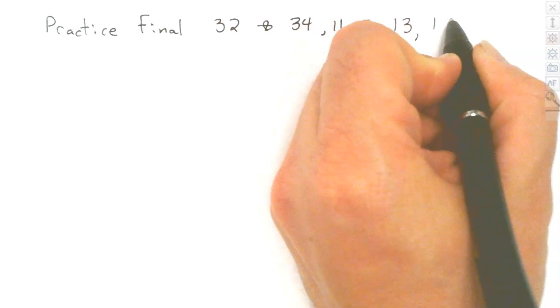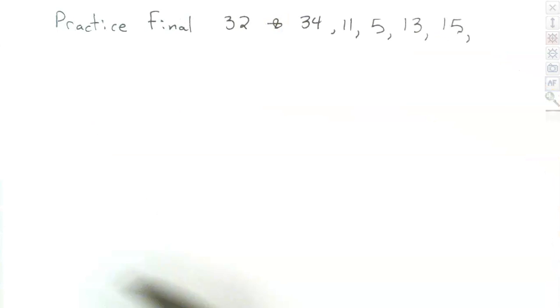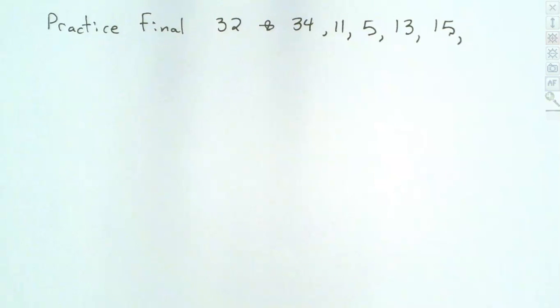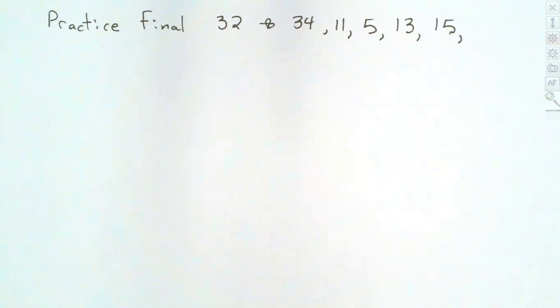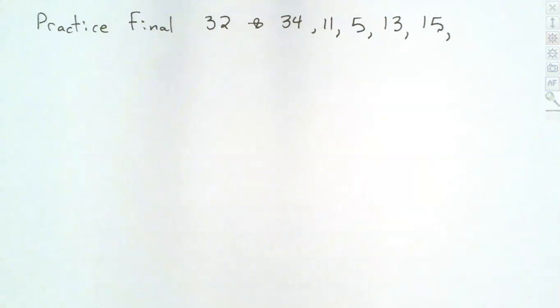And I can add 15 just to make sure we know how to do that one. Any others to look at? Anything else? Is that going to take care of most of those? And we can add more once we get finished. So if we've got some time left, we'll work out a couple more.